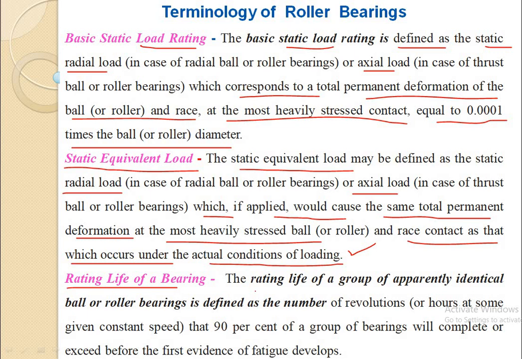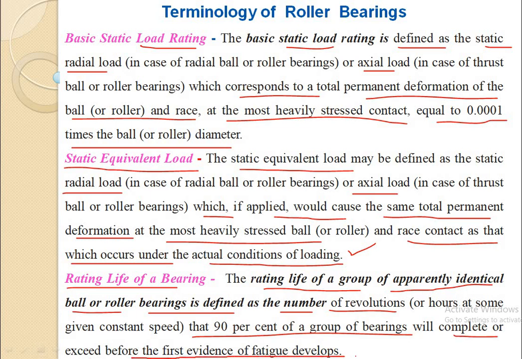That is known as the life of bearing, and how it can be defined as the rating life of a group of apparently identical ball or roller bearing. Apparently identical ball or roller bearing is defined as the number of revolutions that 90% of group of bearings will complete or exceed before the first evidence of fatigue develop or fatigue failure. Means what?